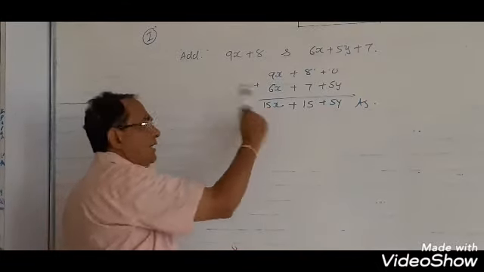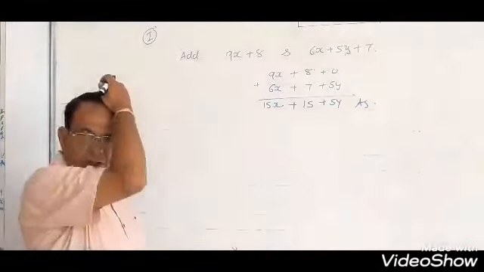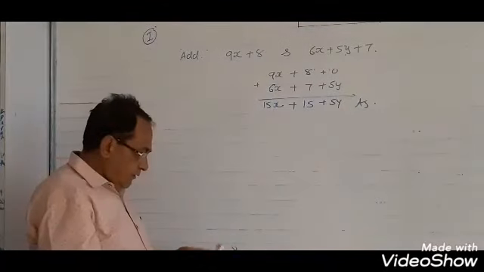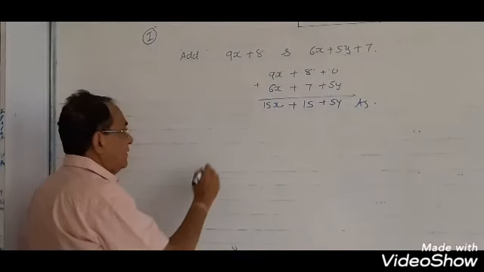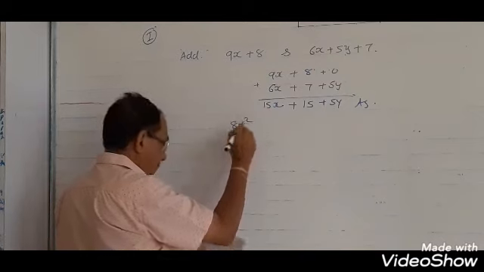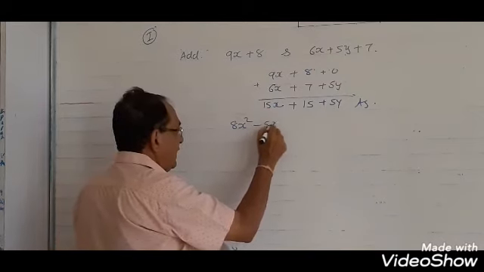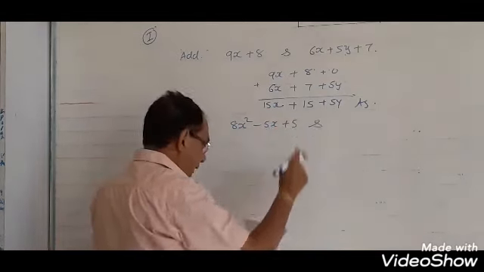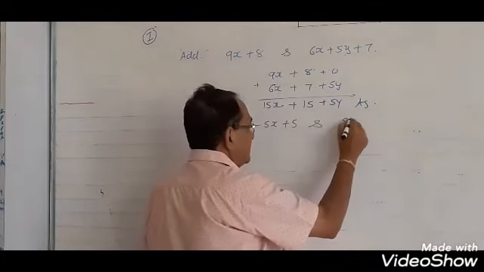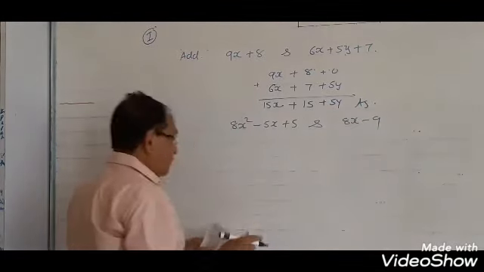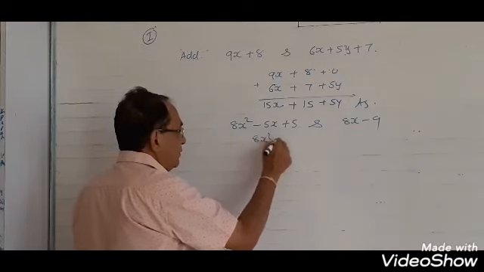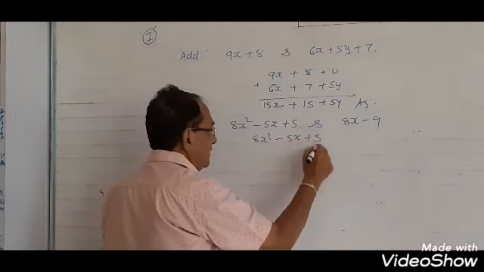You have to add only the coefficients. Okay. 8x square minus 5x plus 5 and 8x minus 9. 8x square minus 5x plus 5.